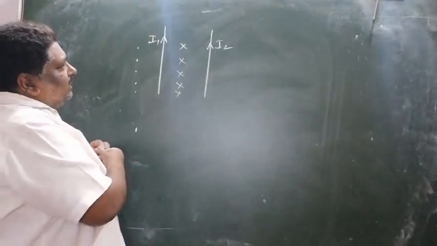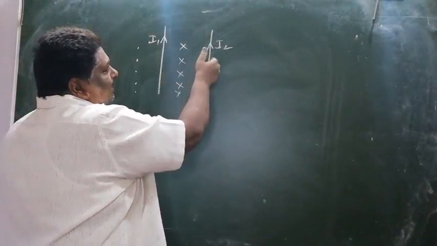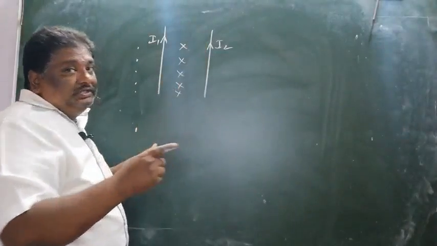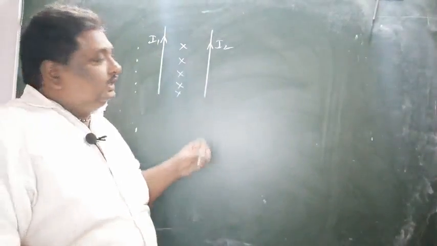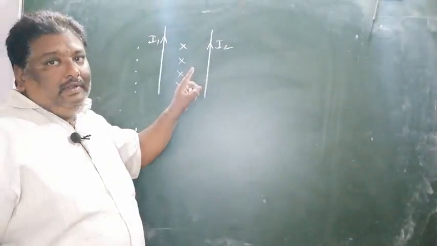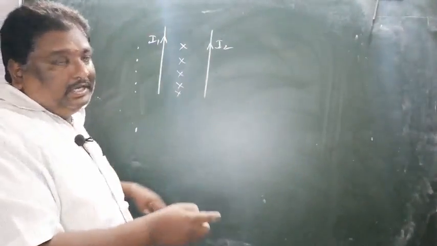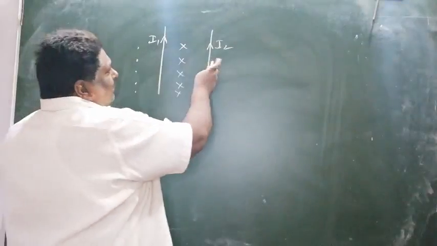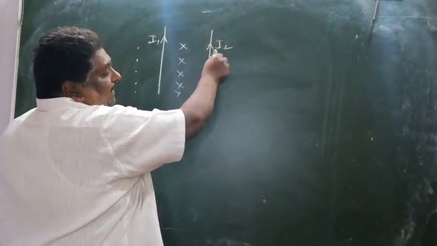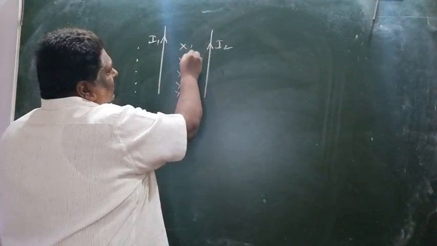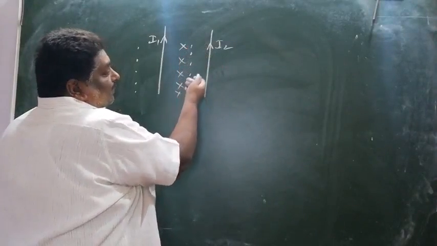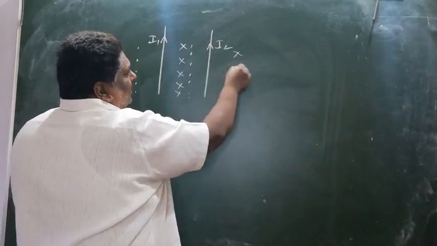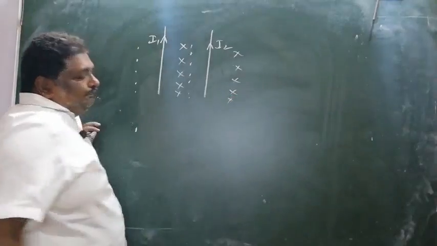What about this conductor? It carries current in the same direction. Read the question: same direction or opposite direction? Same direction is taken here; we shall see opposite direction next. You hold it in your right hand, and in the fingers direction the magnetic field is coming out. Here crosses will be produced.